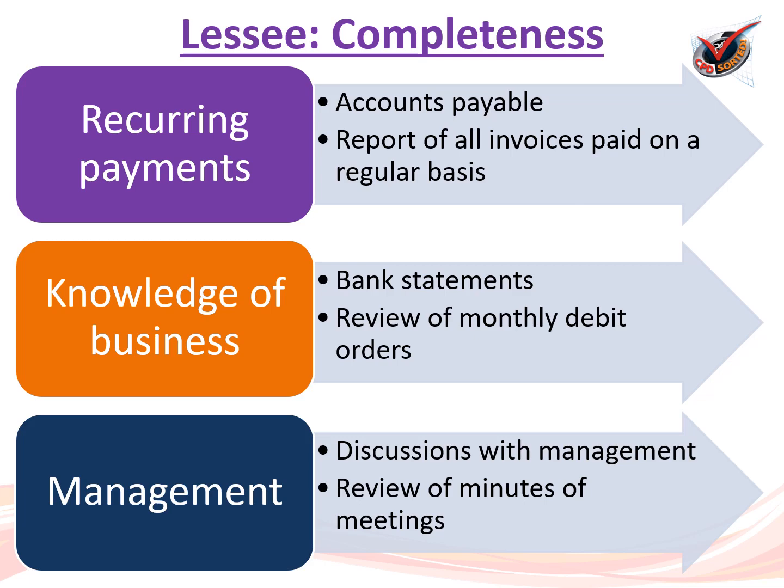Based on knowledge of the business, bank statements could be reviewed, or monthly debit orders to establish the presence of possible lease liabilities that hadn't been brought onto the accounting records.